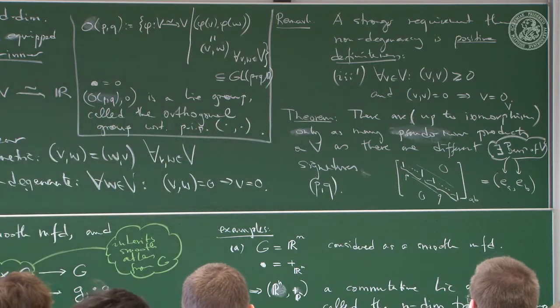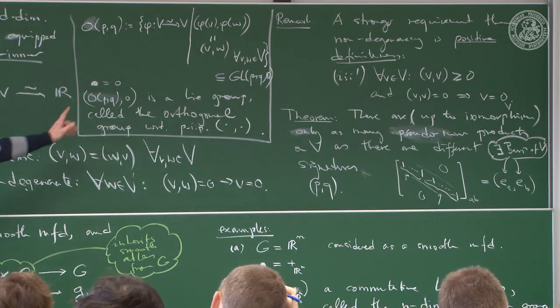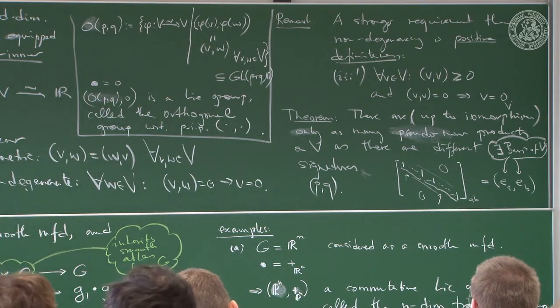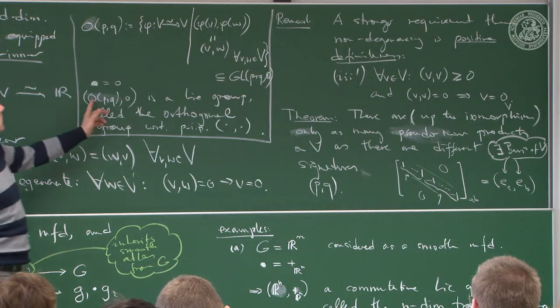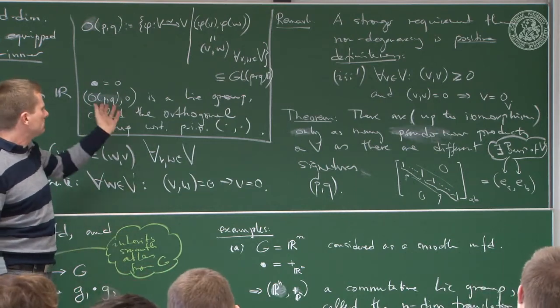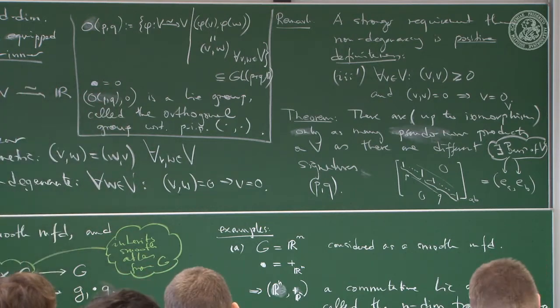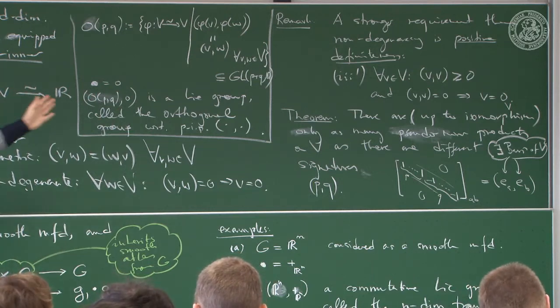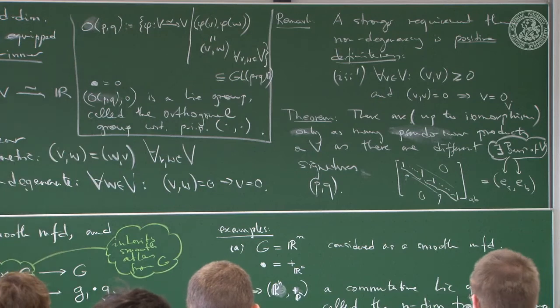For instance, O(1, 3) is called the Lorentz group in relativity, or O(3, 0) is just the rotation group. So you saw all of this before, but now it's recognized as a Lie group.